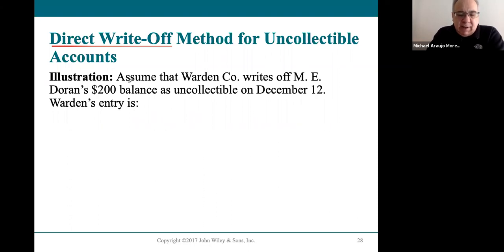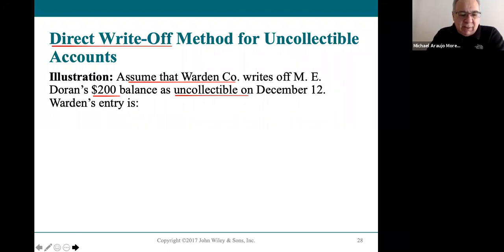So in this particular case, this company, Warden, identifies their customer, M.E. Doran, that owes them $200. So this $200 is sitting in accounts receivable because they're waiting to receive it from M.E. Doran. And they've now deemed it uncollectible as of December the 12th.